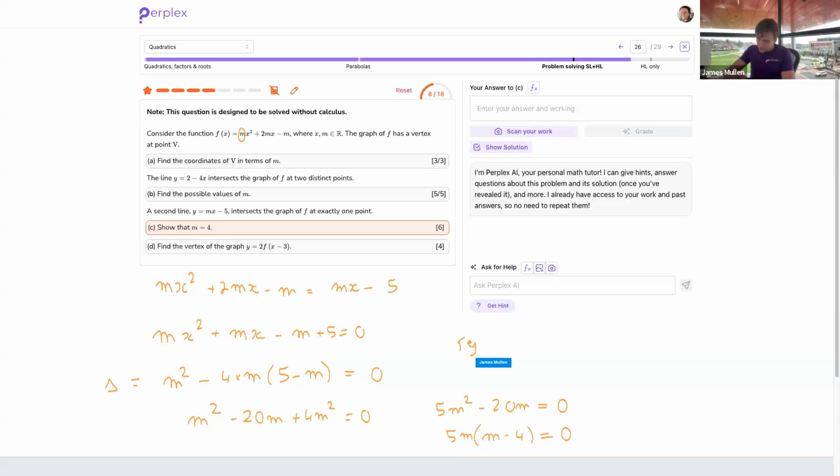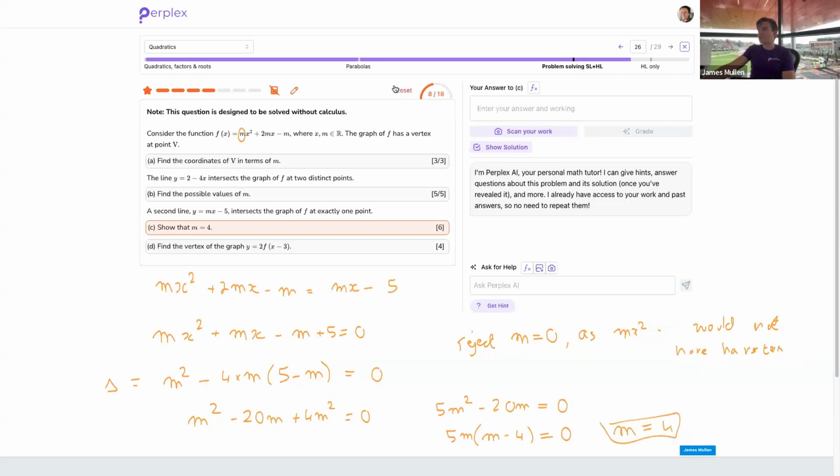So just when you're writing this on the IB, make sure you say reject m equals 0 as mx squared dot dot dot would not be quadratic, and therefore it wouldn't have a vertex, and we know it has a vertex. Okay, so that must mean that m is equal to 4.